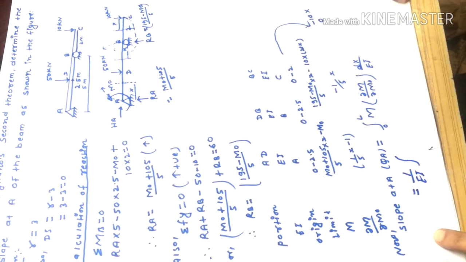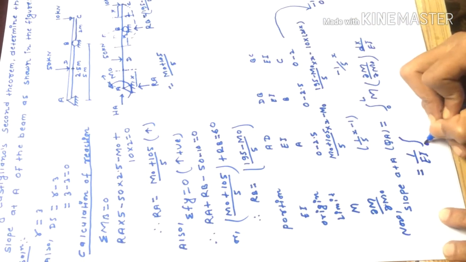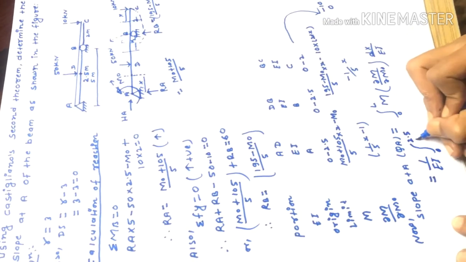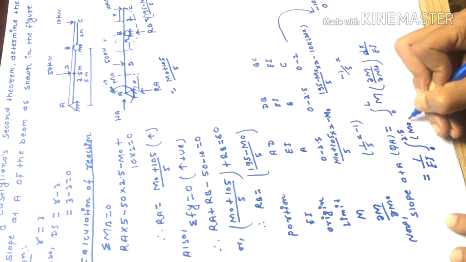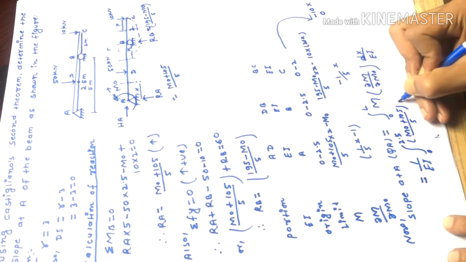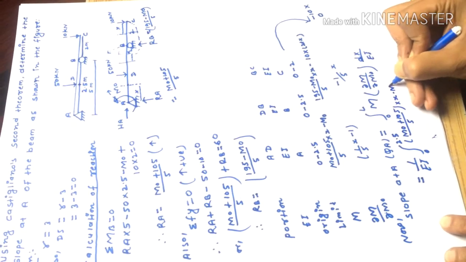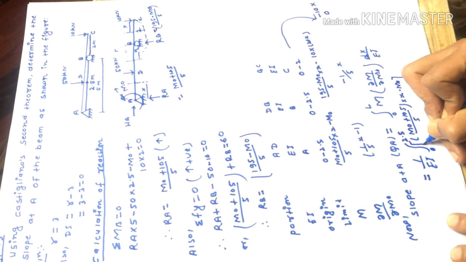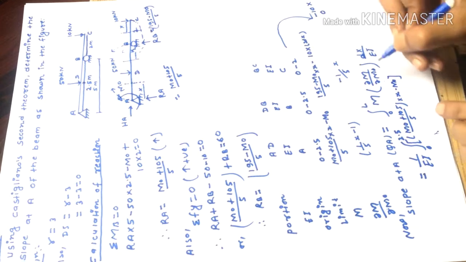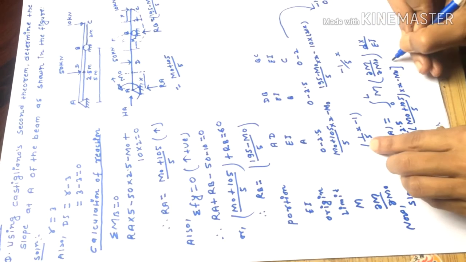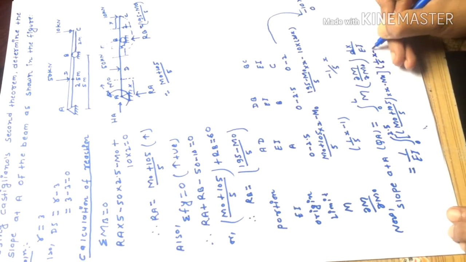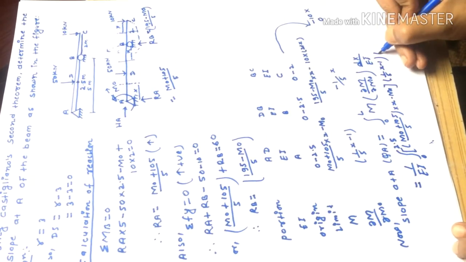For portion AD, the limit is 0 to 2.5. M is (m0 plus 105 divided by 5) into x minus m0, and del M by del m0 is 1 by 5 x minus 1, also dx.